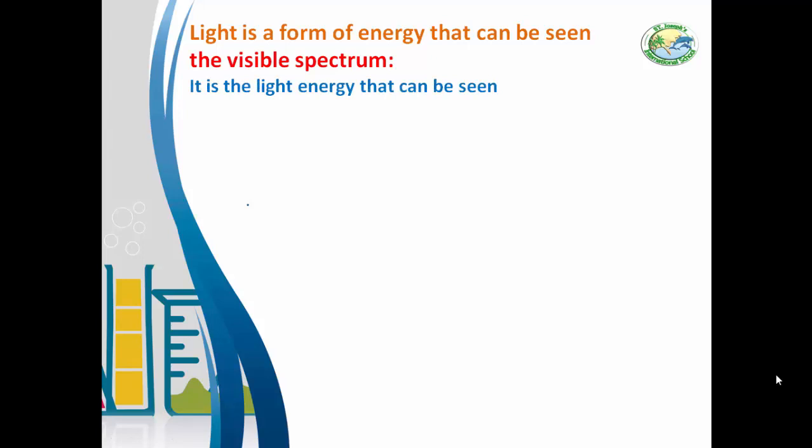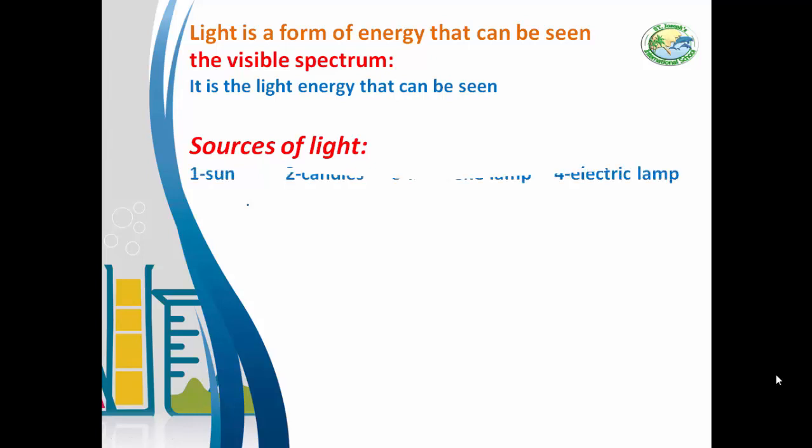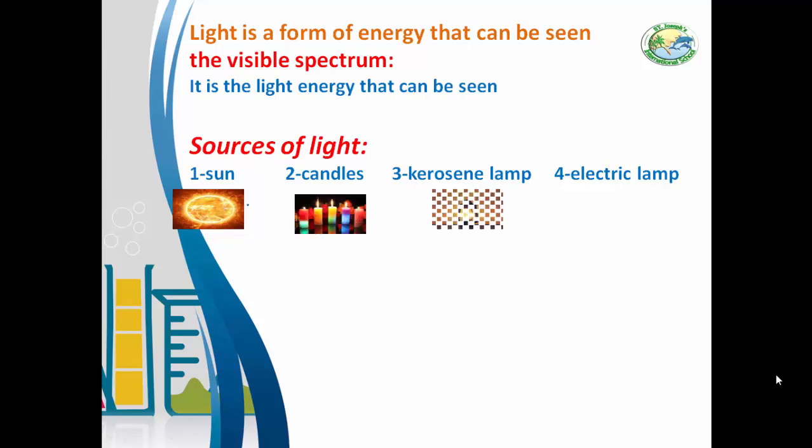Then we will move to sources of light. And sources mean the place where something comes from, or from where we can get light. There are many sources of light, like sun, candles, kerosene lamp, and electric lamp.